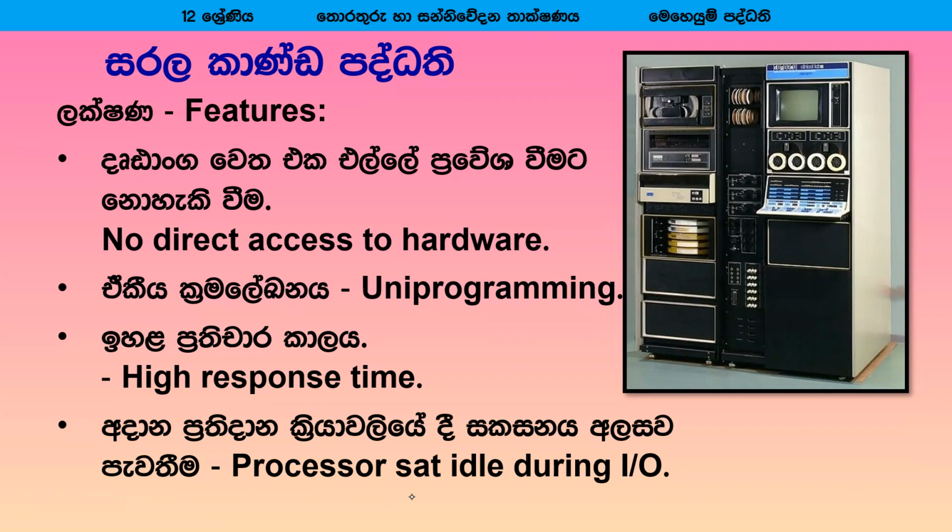We are just putting the programs on a magnetic tape and inputting that into the computer, and the computer and the operating system take care of the execution part, right? Still, this is uniprogramming. Even though the programs are input as a batch, the operating system does not have the ability to execute all of them inside the CPU at once.